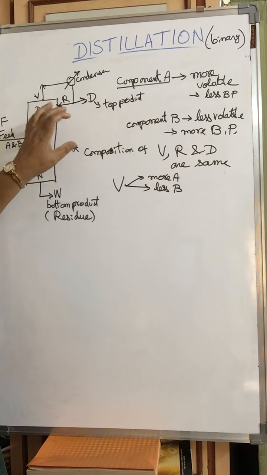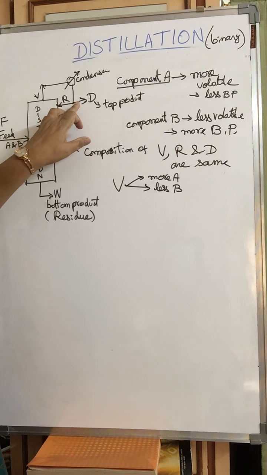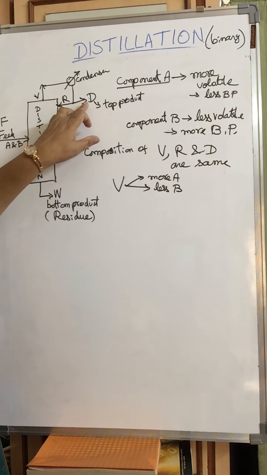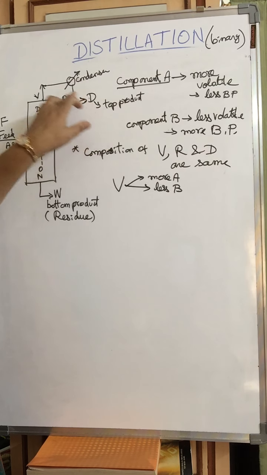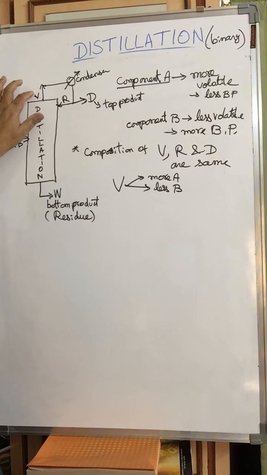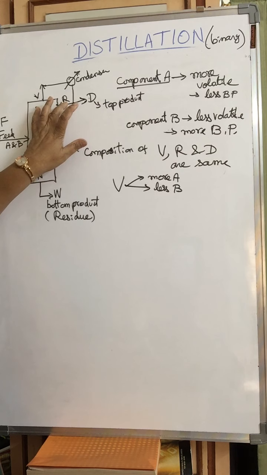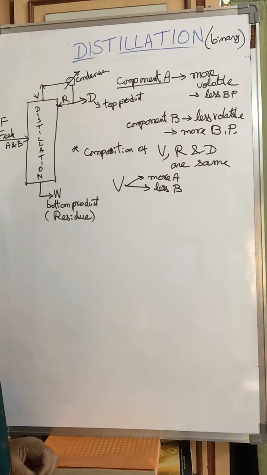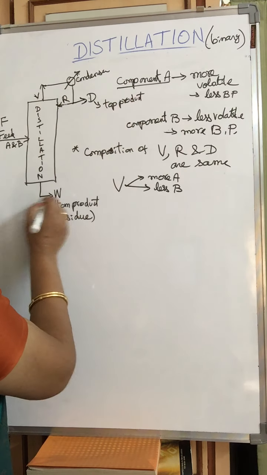So a part is required to be refluxed to the column, and the rest of the amount we withdraw as product, with the same composition. Suppose V contains 97% A, R also contains 97% A, D also contains 97% A. So the composition is uniform here.